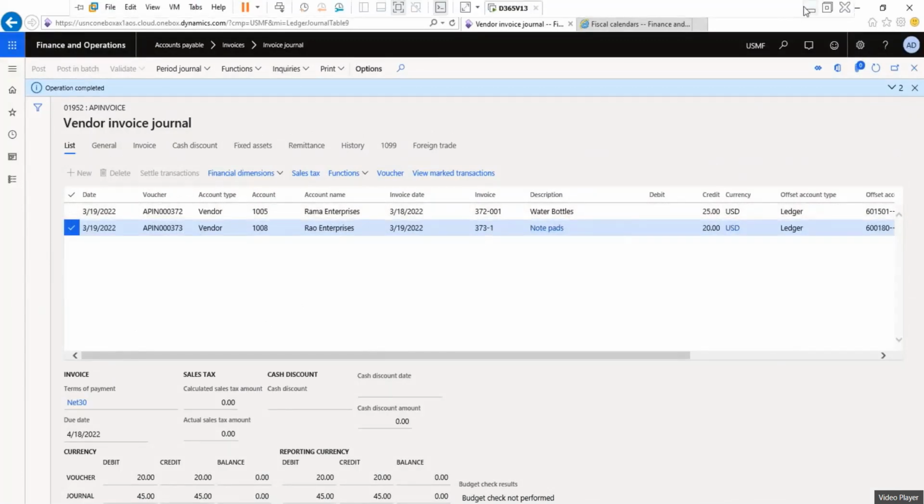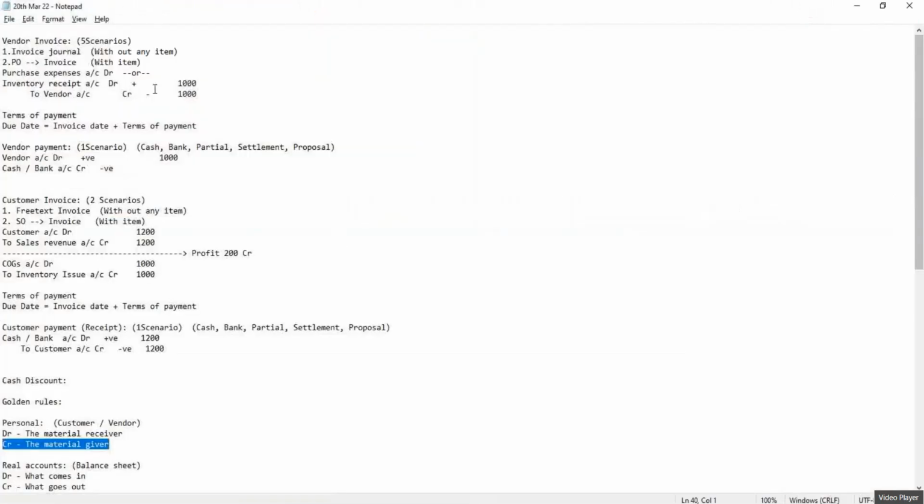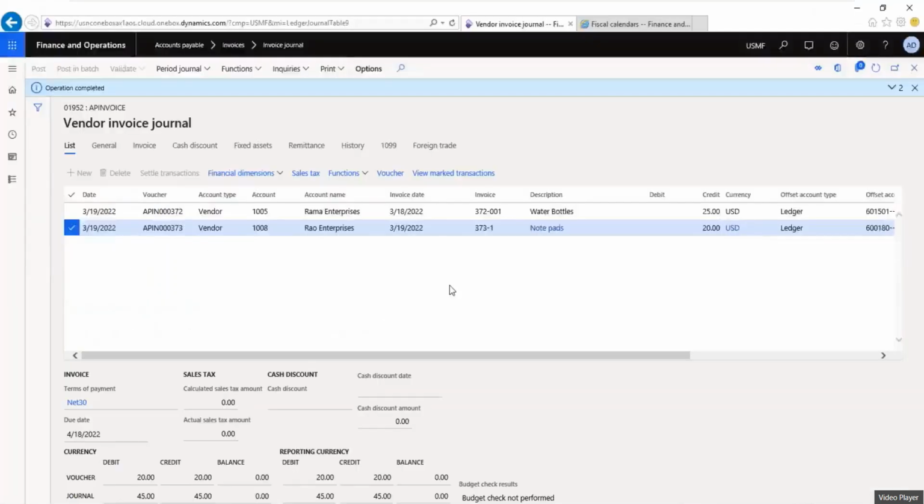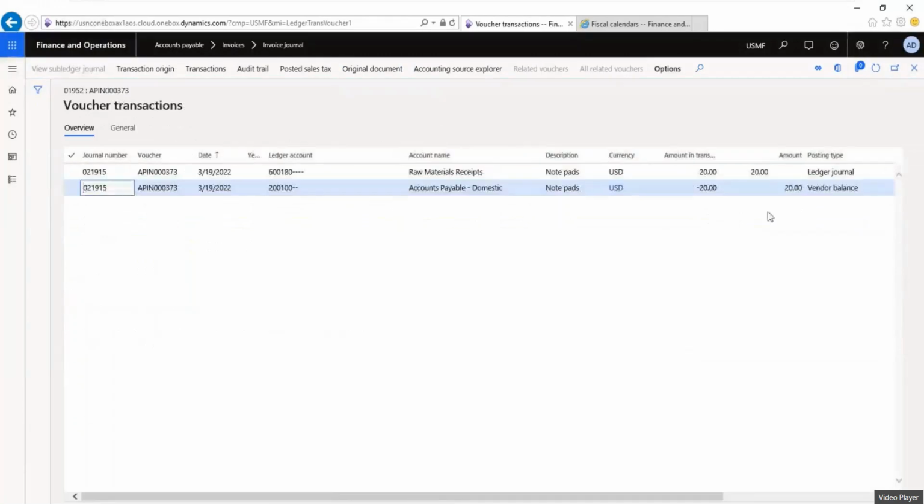Okay, as per here, it is purchase expenses account debit to vendor account credit. That's what is posted. Expenses account, any 6 series expense account, debited to vendor account credited.